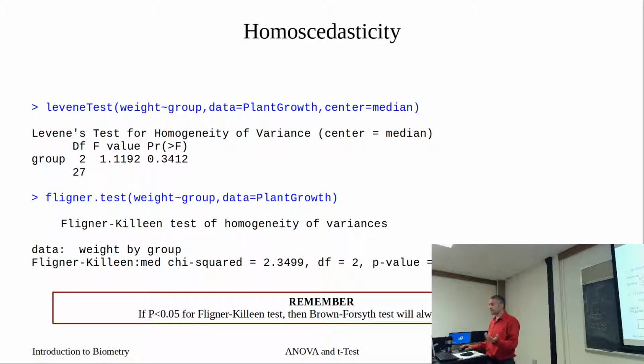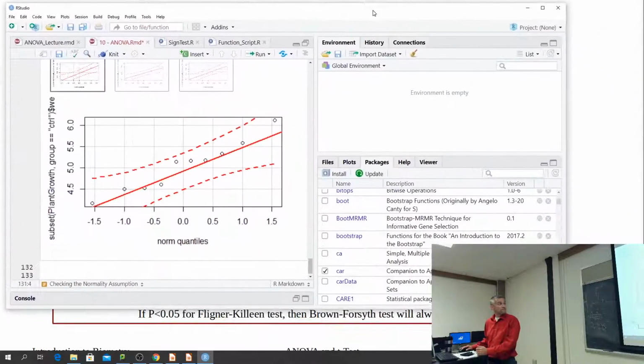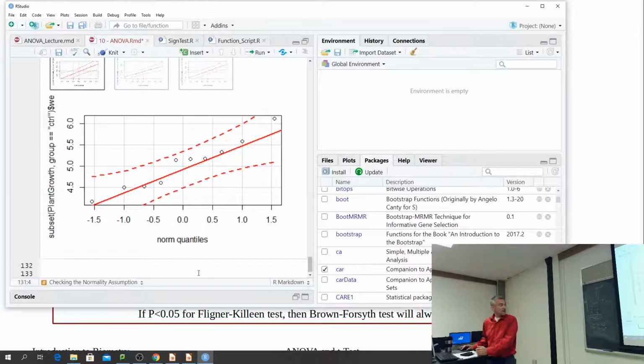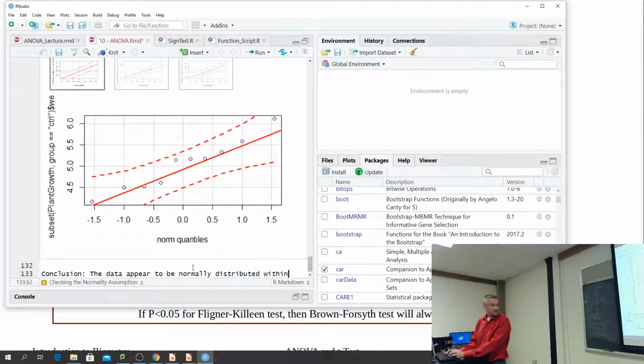All right, I have it in here. So I'm going to go to R. And I'm going to do my write-up or conclusion right now: the data appear to be normally distributed within each group.